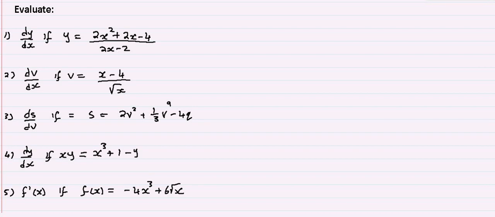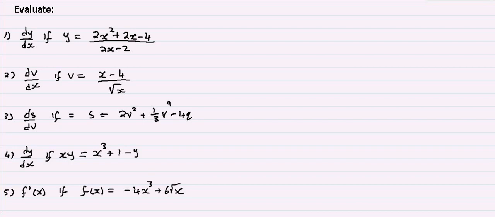Evaluate number 1, dy over dx if y equals 2x squared plus 2x minus 4 all divided by 2x minus 2. Number 2, evaluate dv over dx if v equals x minus 4 over the root of x.